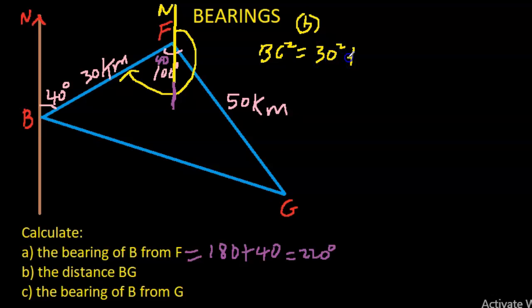It begins like how Pythagoras theorem begins: one side square equal to the other two sides square minus 2 times the product of these sides. So 2 times 30 times 50, cos the angle opposite to BG, which is 100 degrees. All of this angle here was 100 degrees, right?